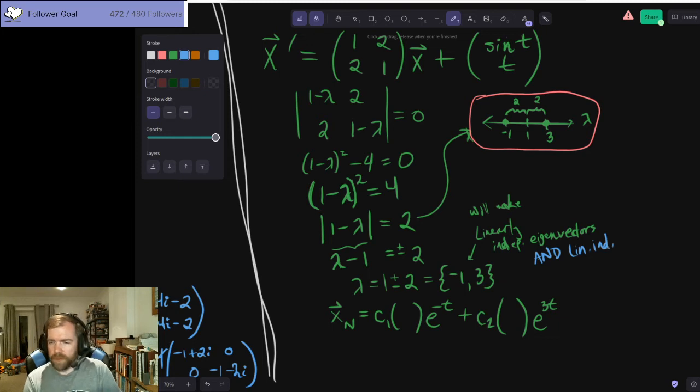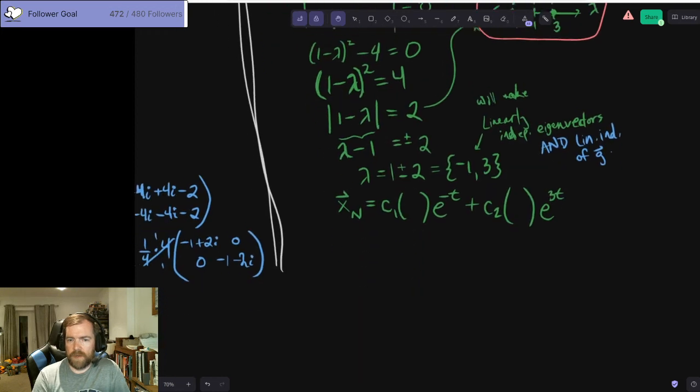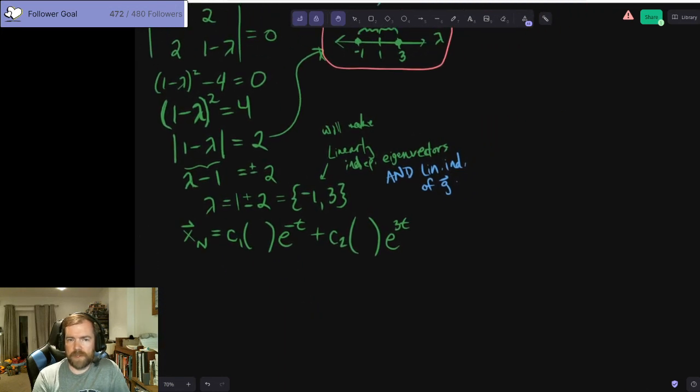They are also linearly independent, which you said earlier. And then to get the rest of the null space solution, we have to find the eigenvectors. How are we doing that one?